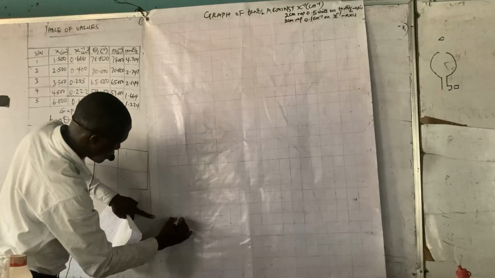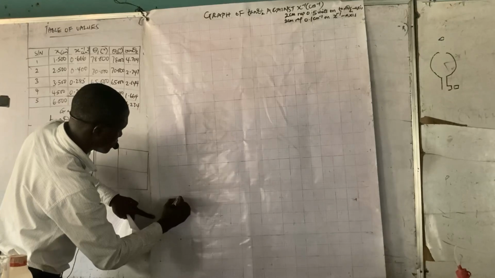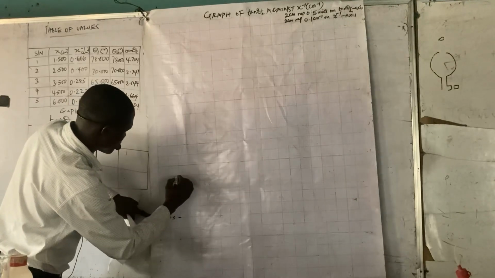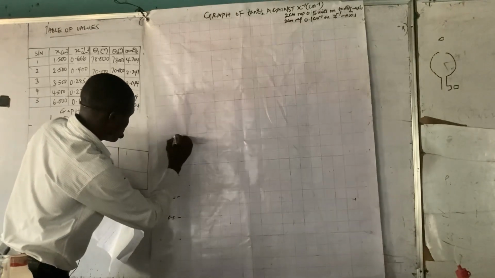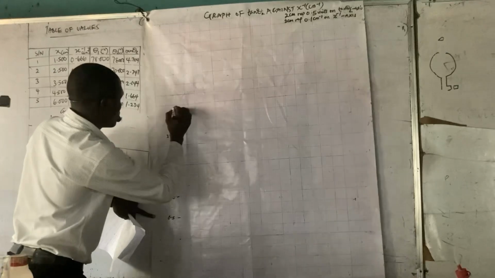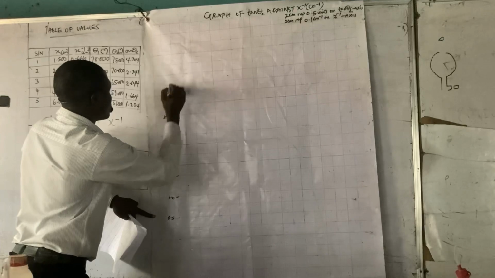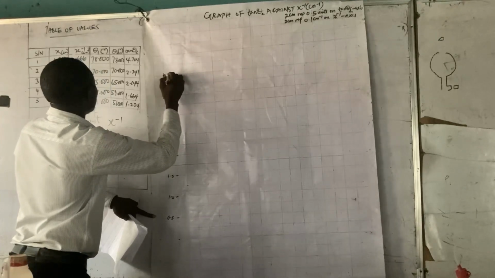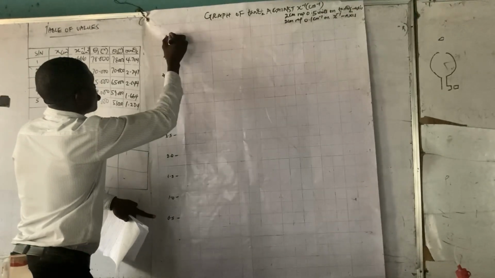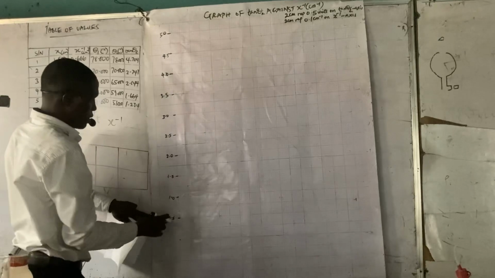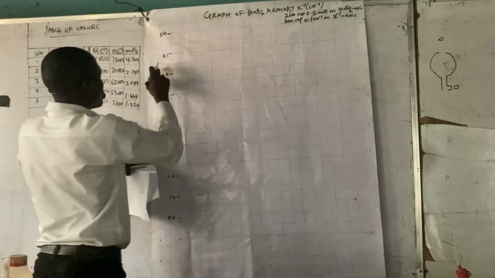So this is 0.5, 1.0, 1.5, 2.0, 2.5, 3.0, 3.5, 4.0, 4.5, then 5.0.